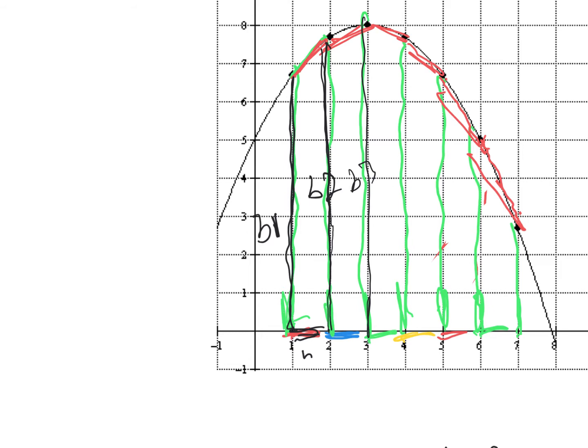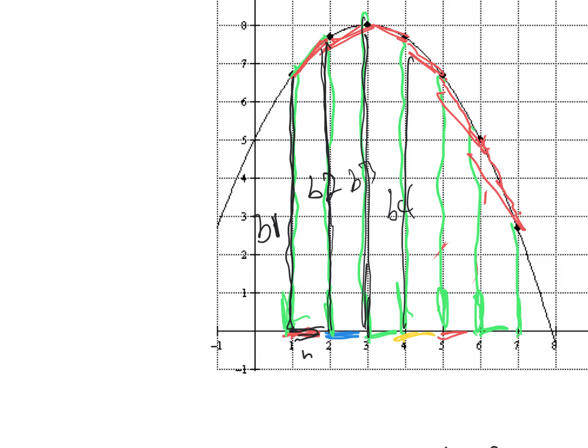Then if you look carefully for your next trapezoid, the left side is already taken up with B3. The right side I'll call B4. So then that trapezoid, the third one, would be the 1/2 B3 plus B4. This is my third trapezoid.